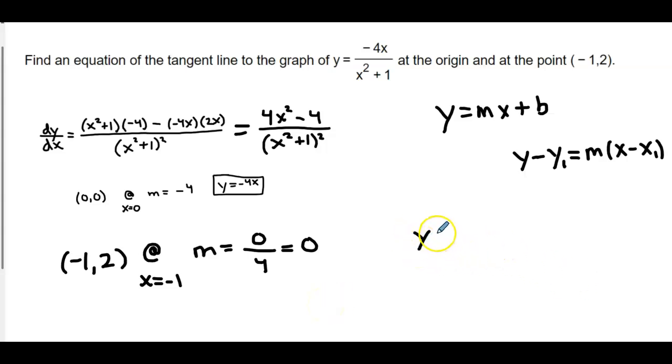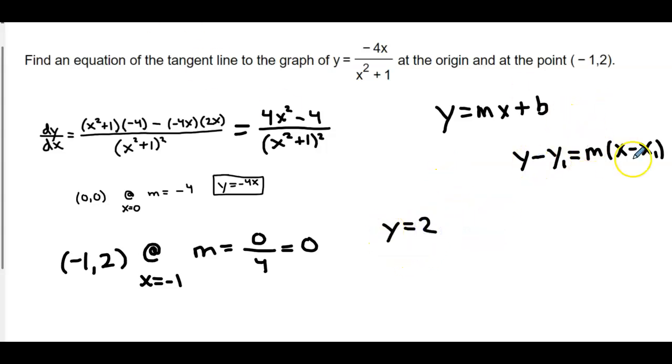Which means the y value is never going to change, so we could just go right ahead and call this y equals 2. All right, y equals 0 times x plus 2 is, of course, just 2. Alternatively, we could go back to that point-slope form.